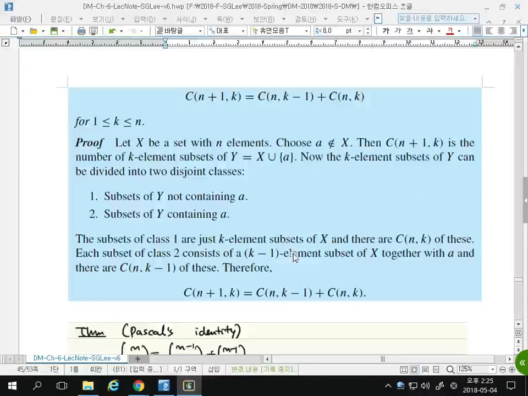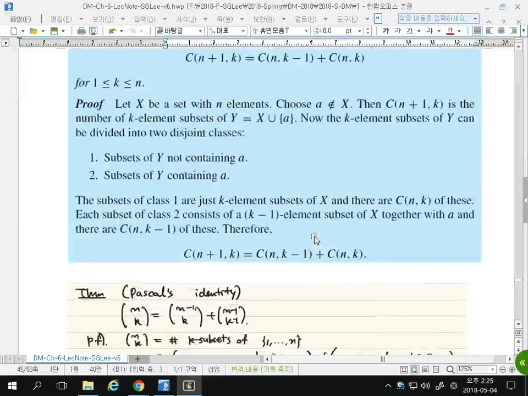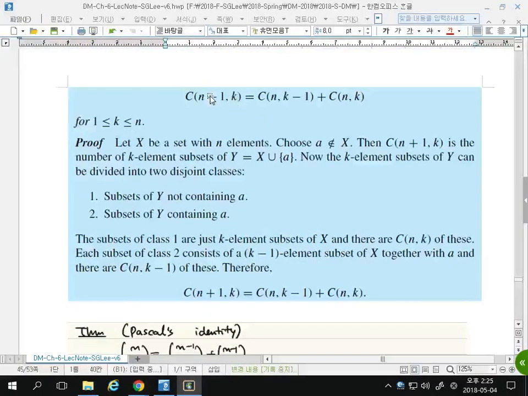So in this combinatorial argument of the proof, the number of ways of choosing k out of n plus 1 can be found as adding the number of these two cases. First, you choose one object first. Then you choose another k minus 1 objects from other n objects.